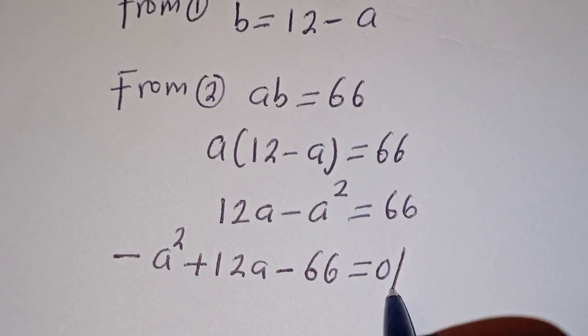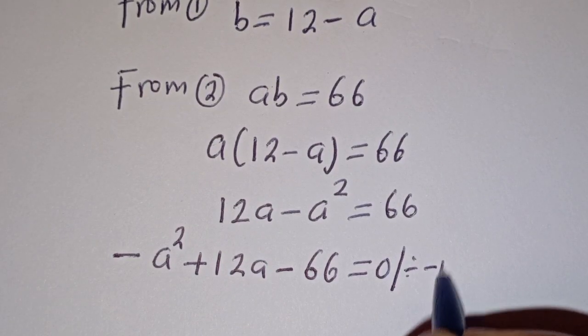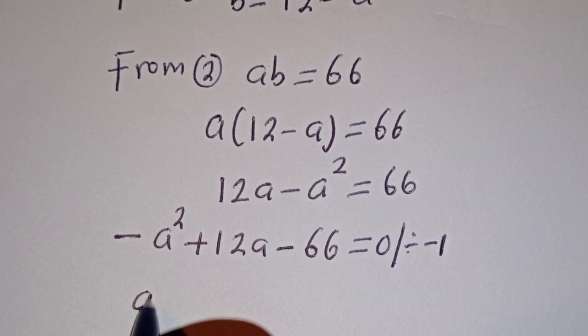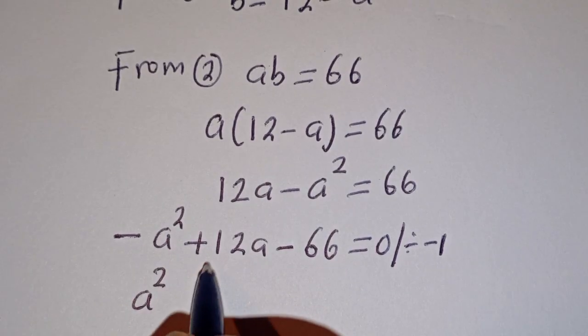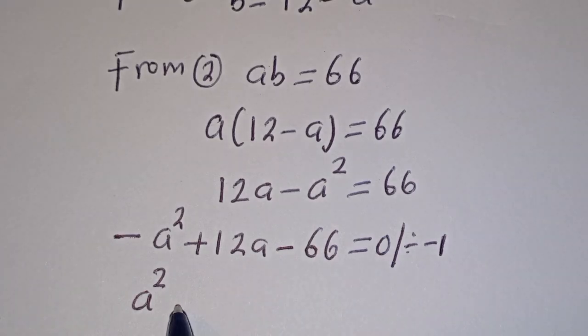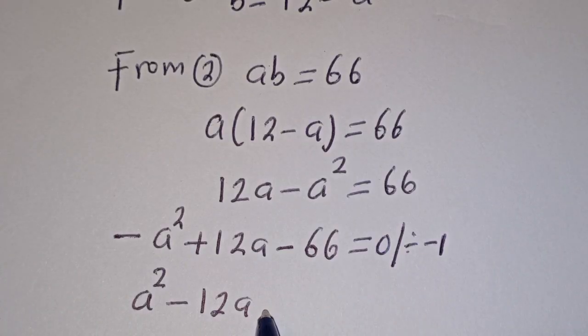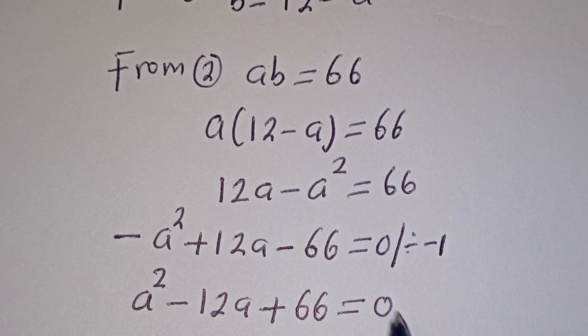We can divide all through by minus 1. Then if you divide minus a square by minus 1, we have a square. If you divide plus 12a by minus 1, we have minus 12a. If you divide minus 66 by minus 1, we have plus 66 is equal to 0.